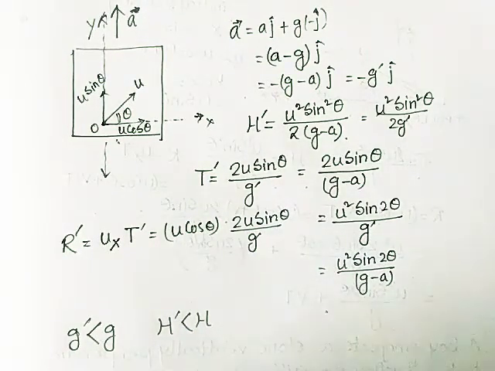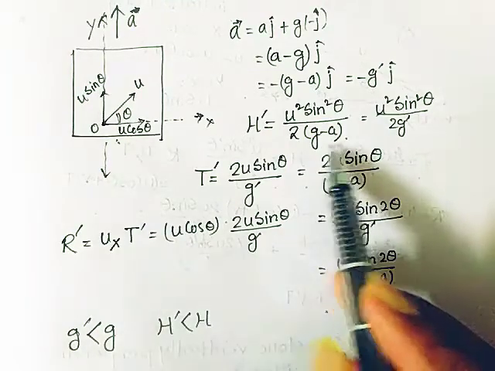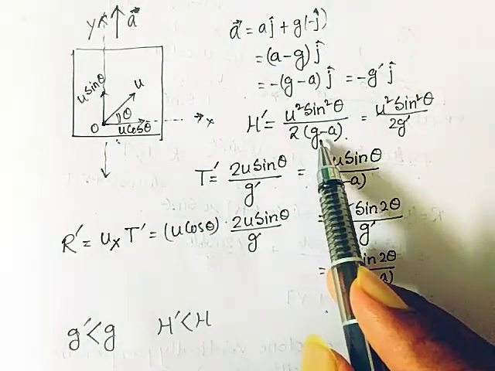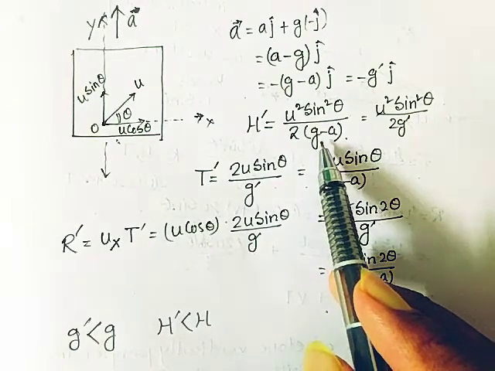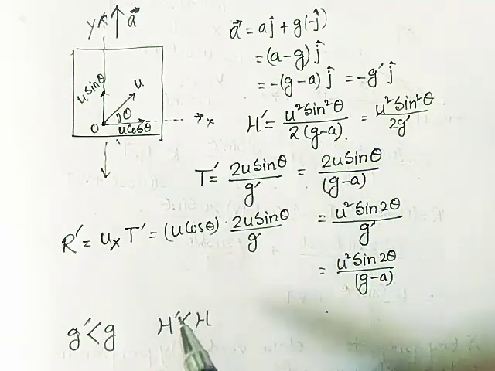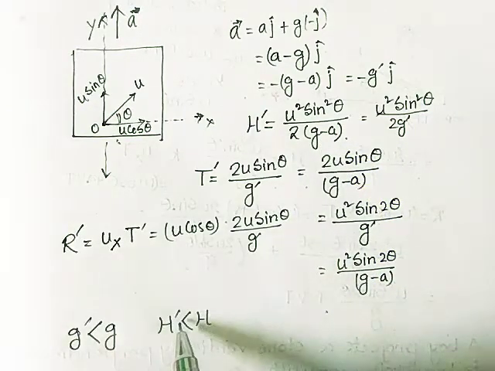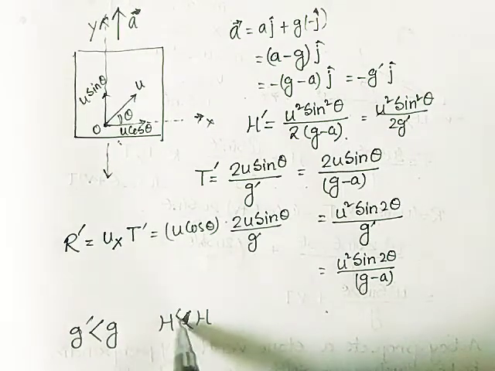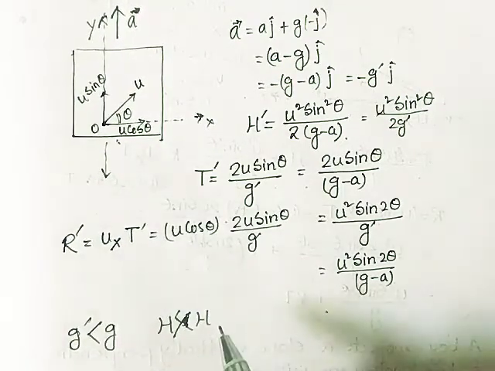Since the acceleration is not 0 and it is moving upward, it is g minus a, which is less. So the h prime will then be greater. The maximum height achieved by the particle will be greater here.